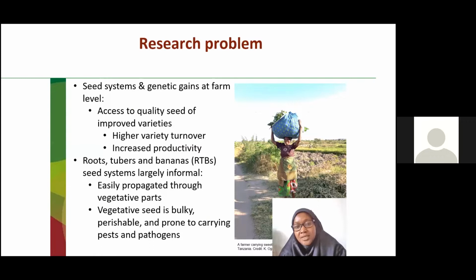Seed systems and genetic gains at farm level lead to access to quality seed of improved varieties. This also results in higher variety turnover and increased productivity. Roots, tuber, and banana seed systems are largely informal, characterized by being easily propagated through vegetative parts, and vegetative seed is bulky, perishable and prone to carrying pests and pathogens.